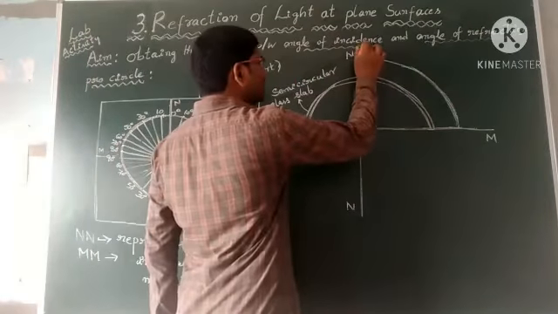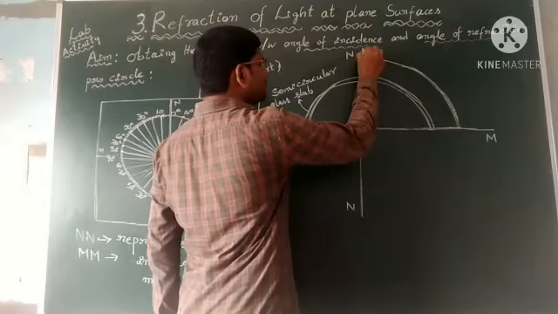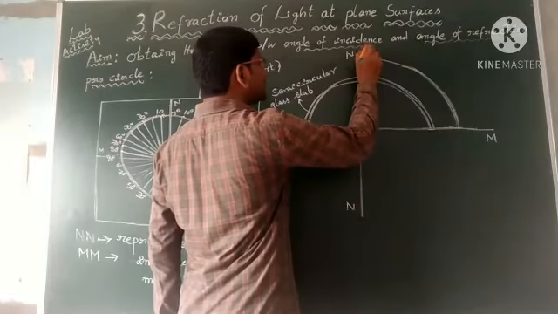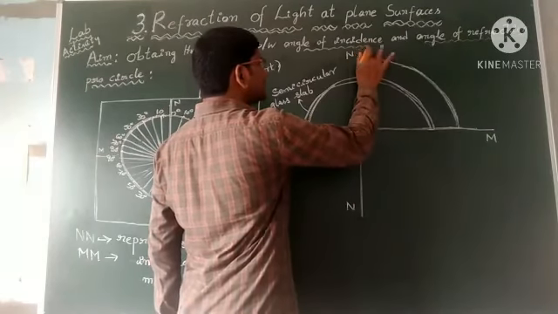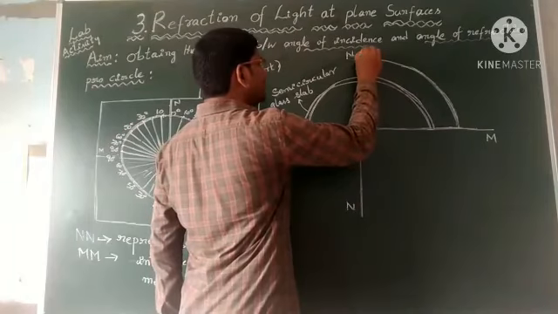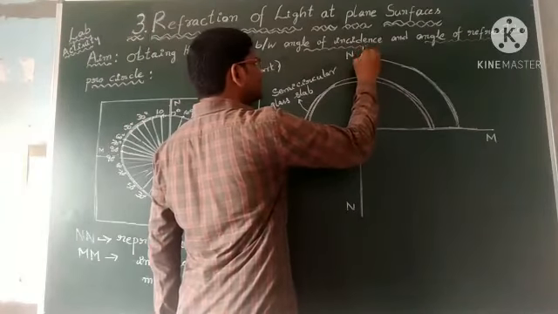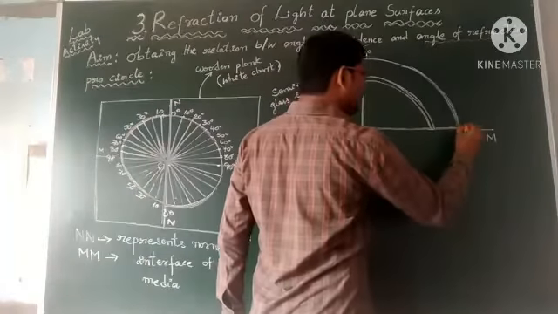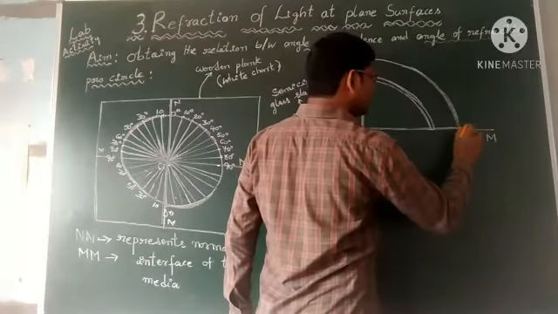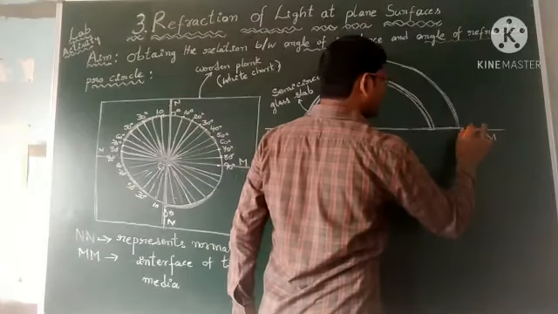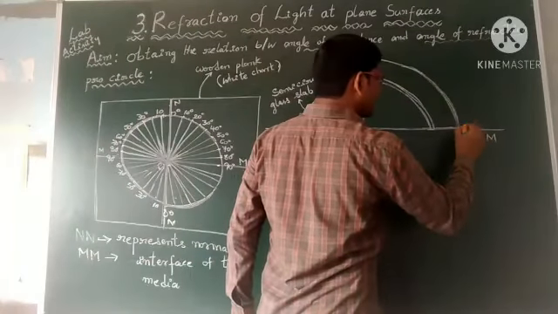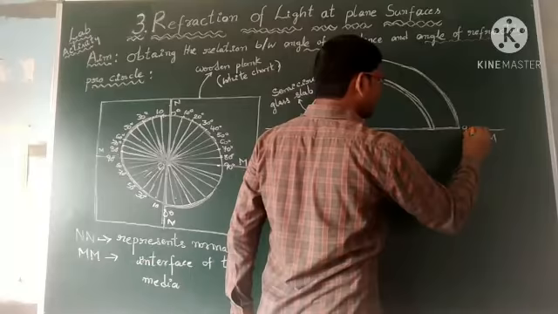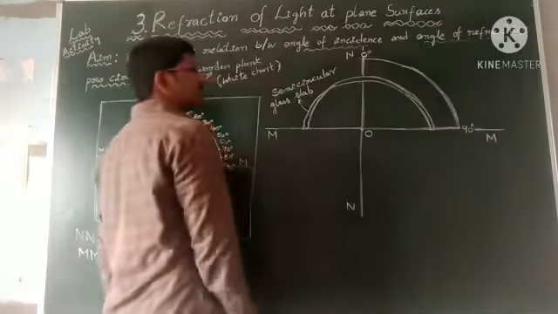And here how many degrees do we have? Here we have 0 degrees, and here we have 90 degrees.